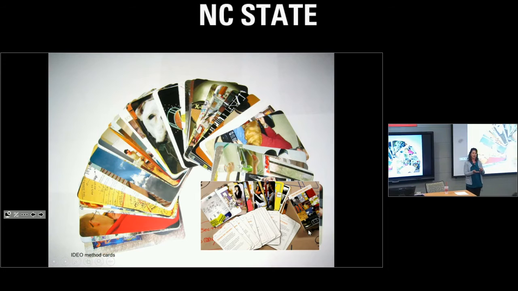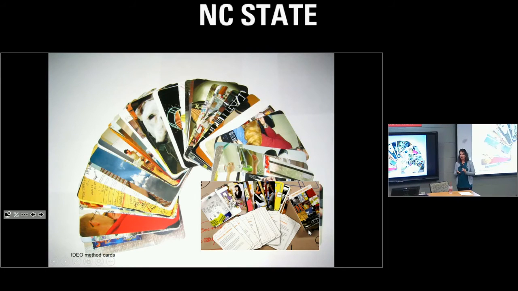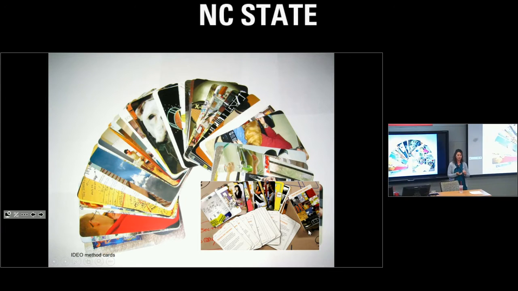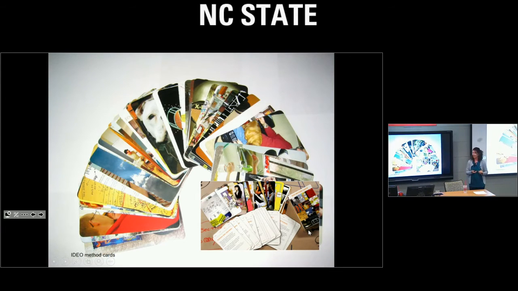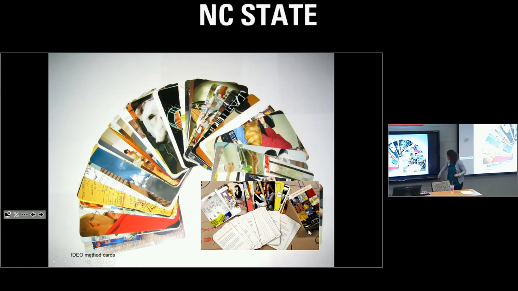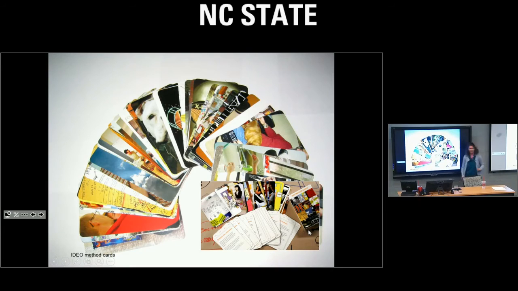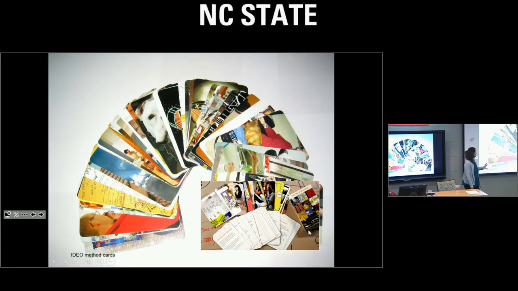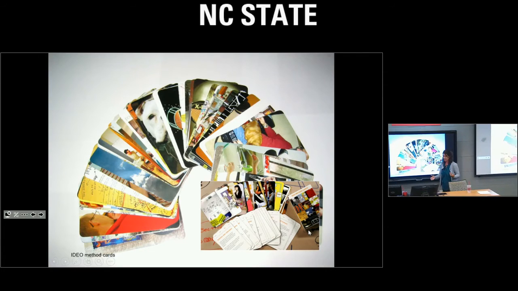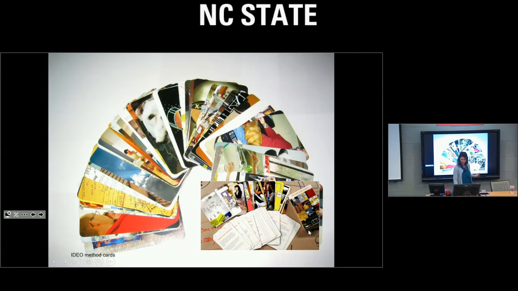They have these four categories: learn, look, ask, and try. So take a look at those. They're great. There's a lot of great methods, and they're fun. So we're going to talk about a couple.